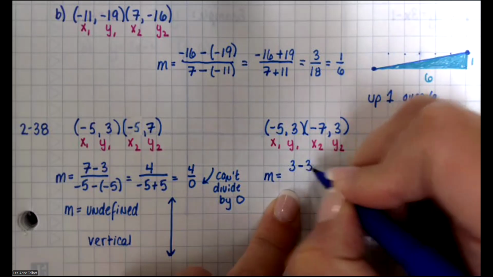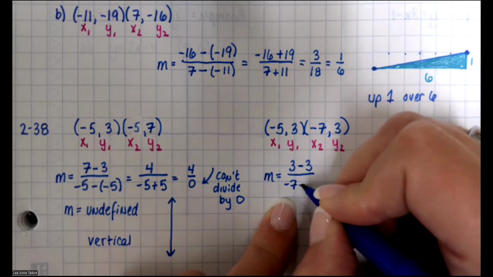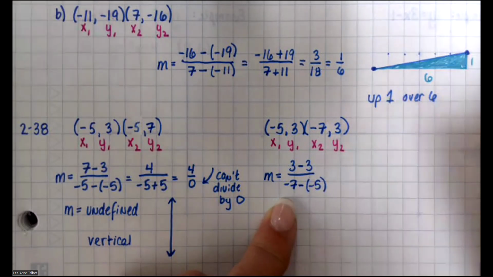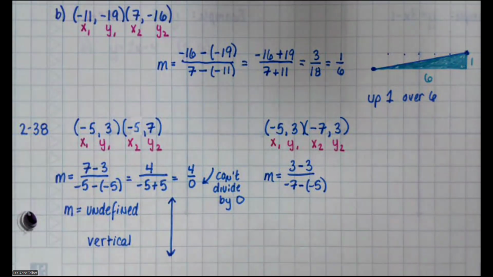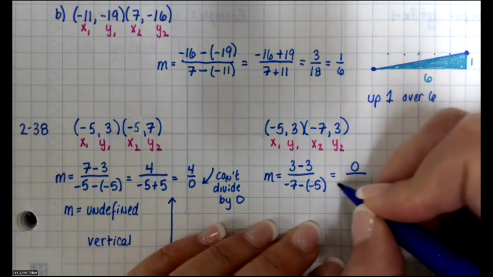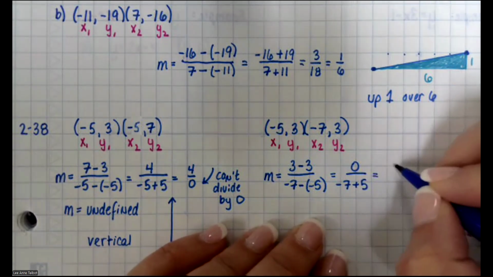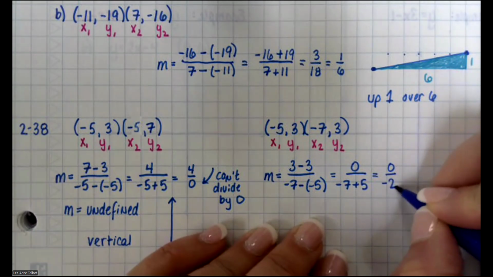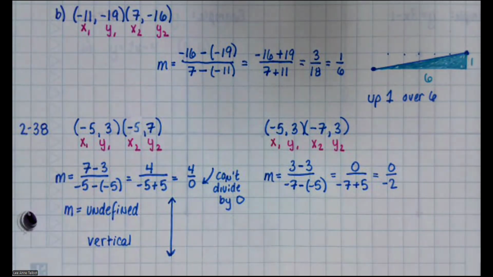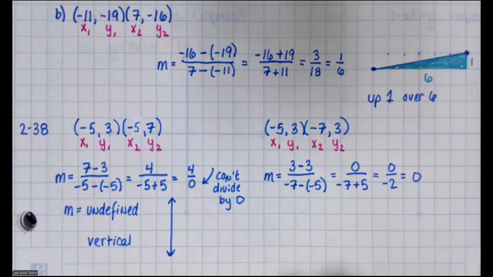Y2 minus Y1 over X2 minus X1, which is 0 over negative 7 plus 5, which is 0 over negative 2, which is 0.